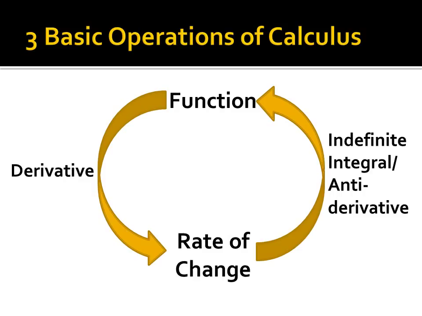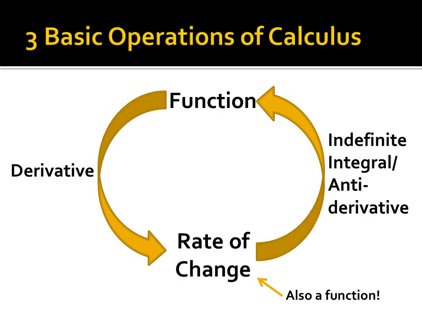Just a reminder that rate of change is also a function. The rate of change can change as your independent variable moves from one value to the next. So for example, if you're talking about the position of a car being your original function, then you can take the derivative and get the rate of change in position, which is commonly called velocity.